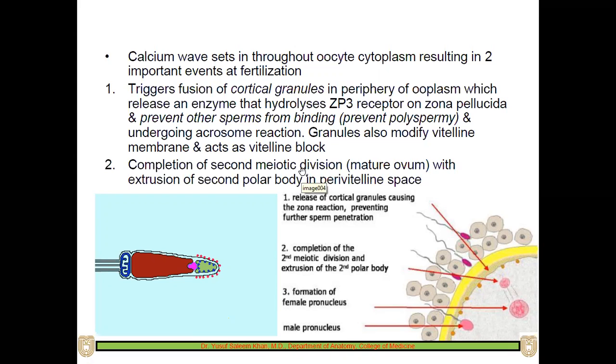You might have studied the first meiotic division and second meiotic division during gametogenesis. It will be in the initial stages of the second meiotic division with the entry of the sperm head. Now the second meiotic division is completed, and there is release of the second polar body into the perivitelline space. The perivitelline space is a small space deep to the vitelline membrane.